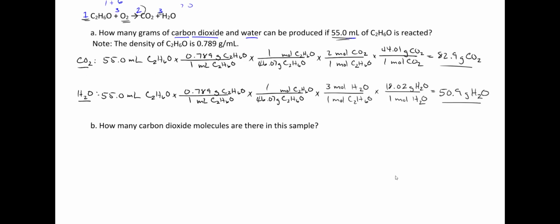And I finally want to ask, how many carbon dioxide molecules are there in this sample? This is where we get to use Avogadro's number again. When we want to know the number of atoms or molecules, that's where we're going to go to Avogadro's number. So we had 82.9 grams of carbon dioxide.